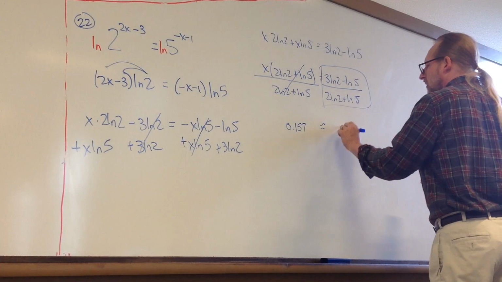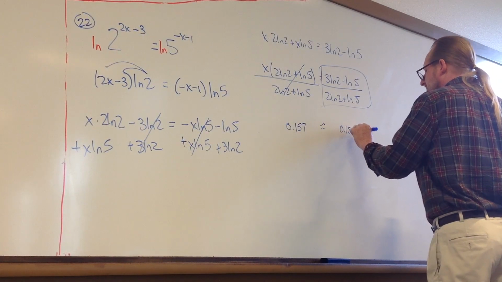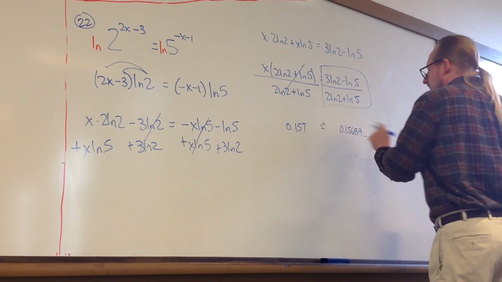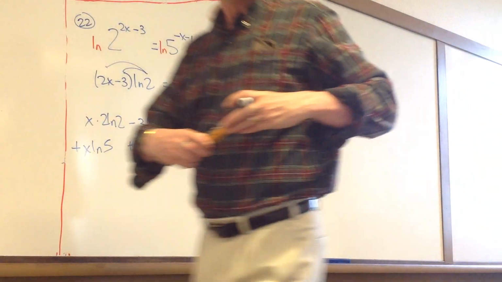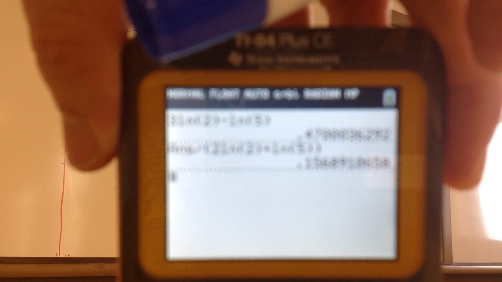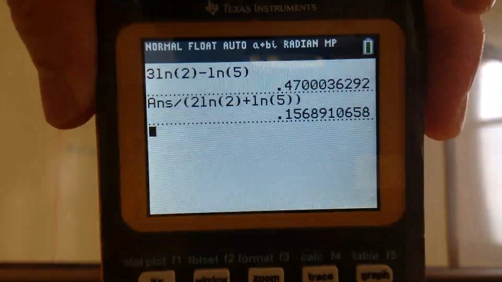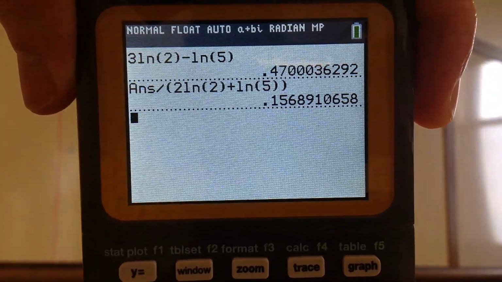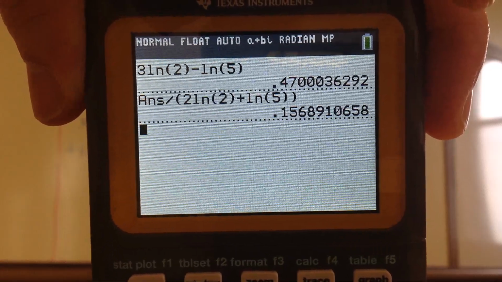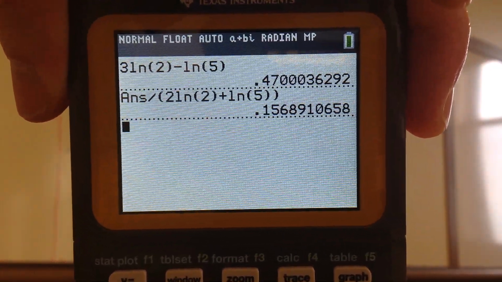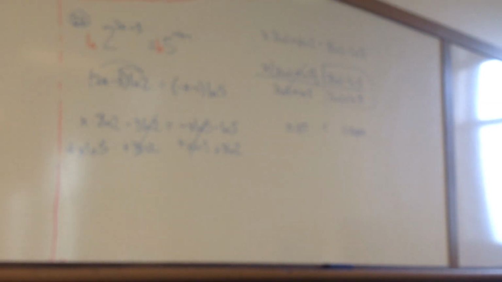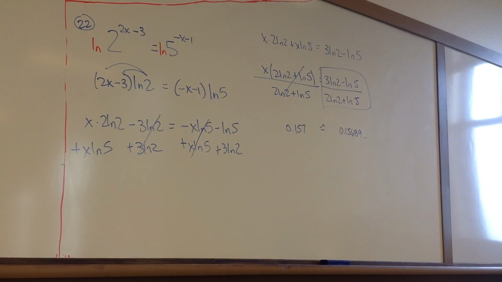It's 0.15689 if you want to go a couple decimal places past it. But again, pretty good approximation there. And there's what it looks like on the calculator. All right, I calculated the numerator first and then divided it by the denominator to get that 0.157 answer.